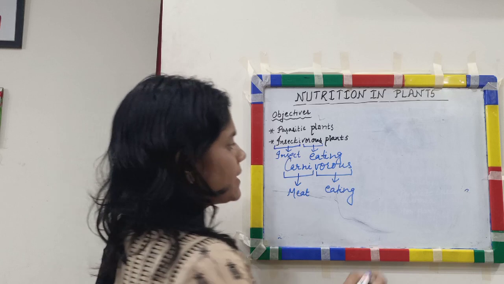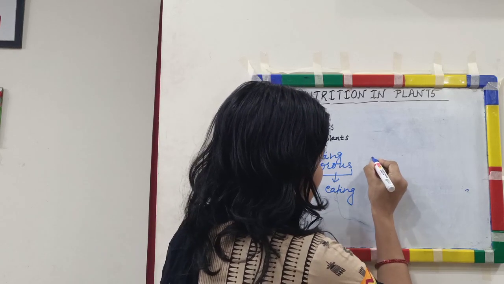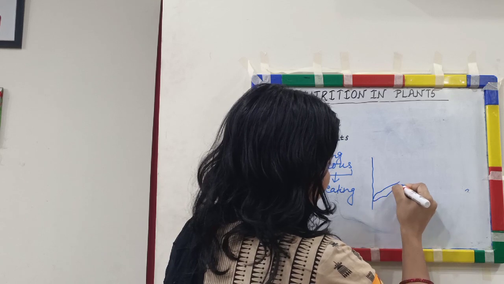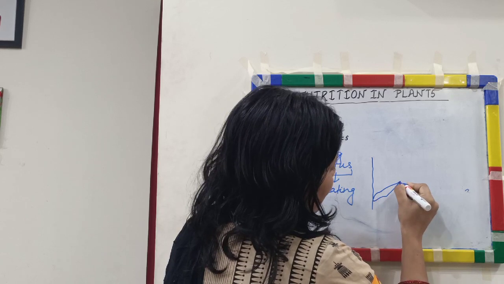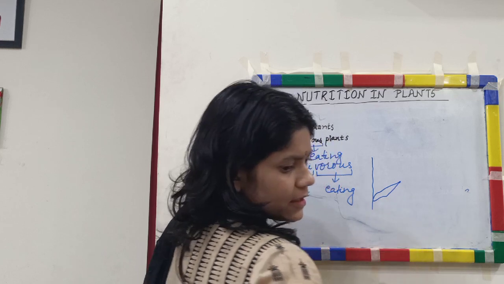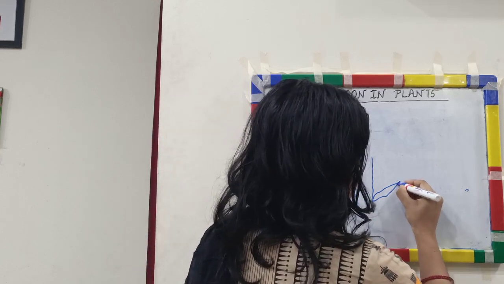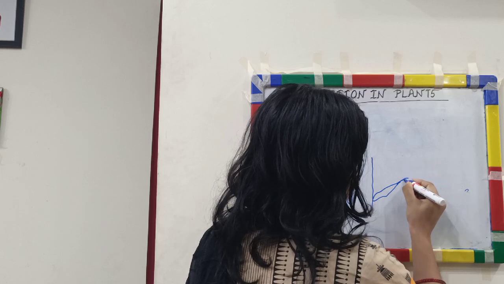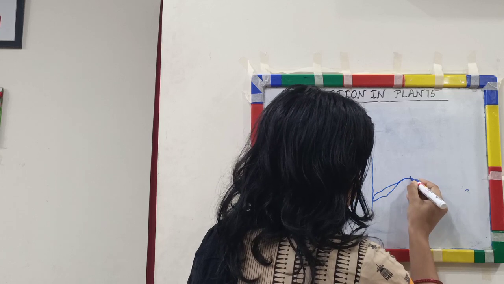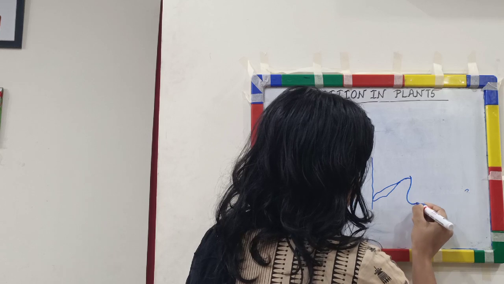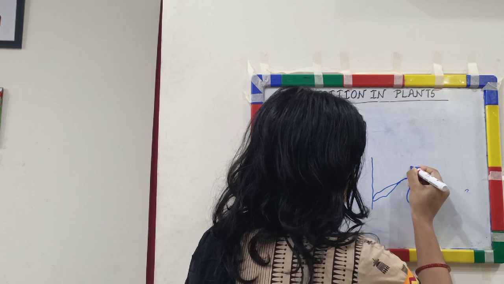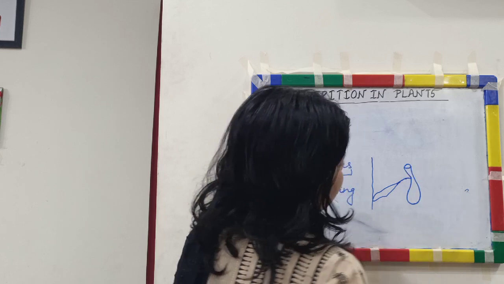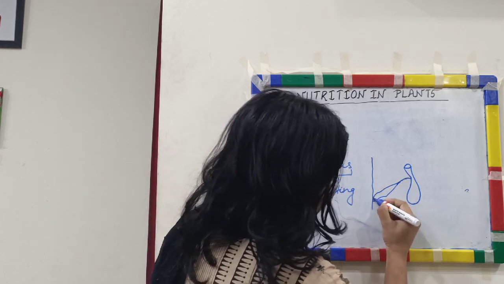If you see an insectivorous plant, that is the Nepenthes plant. This is the leaf of a Nepenthes plant, and the leaf is modified in the form of a pitcher. You can see it is a modification of a leaf.